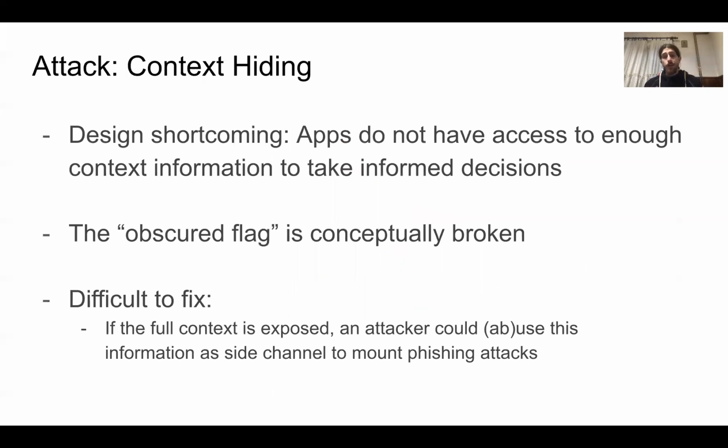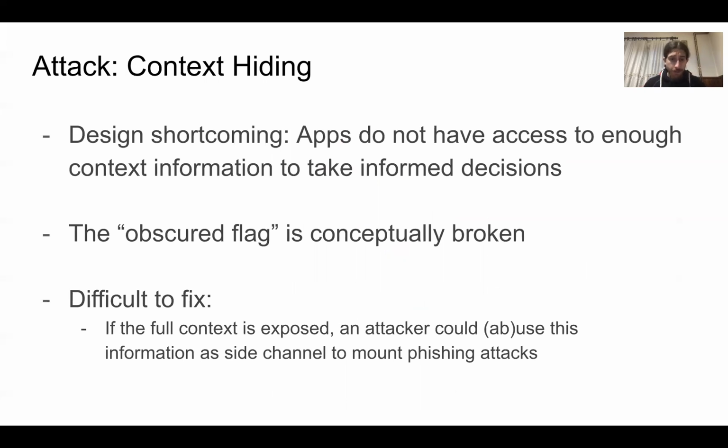It was tricky to fix this because it's a design shortcoming. It's not just like a buffer overflow. The idea is that apps do not have access to enough information to understand what's going on. And I believe this obscure flag is conceptually broken.